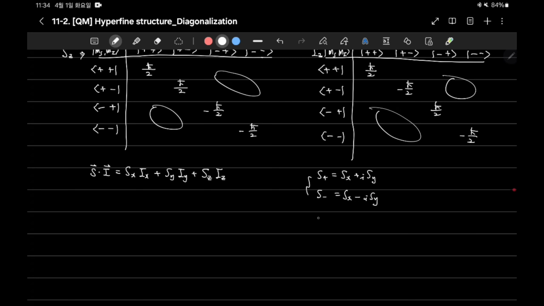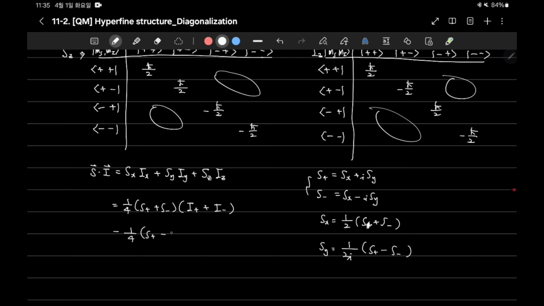From this, Sx is 1/2 (S+ plus S−), and Sy is 1/(2i) (S+ minus S−). Likewise, Sx Ix is 1/4 (S+ + S−)(I+ + I−), and Sy Iy is minus 1/4 (S+ − S−)(I+ − I−).